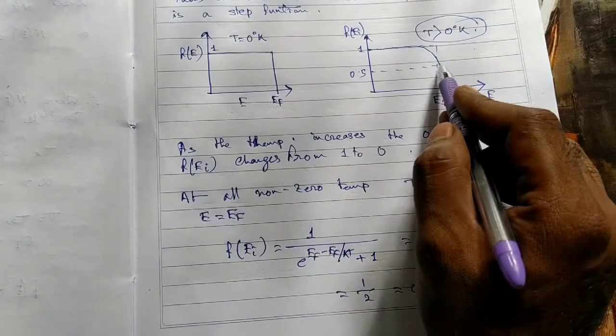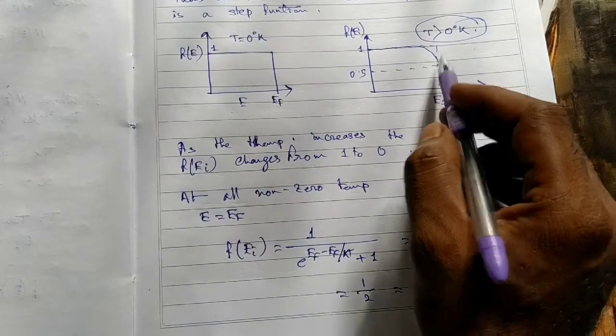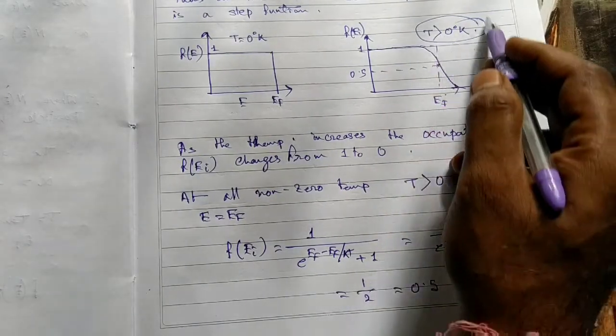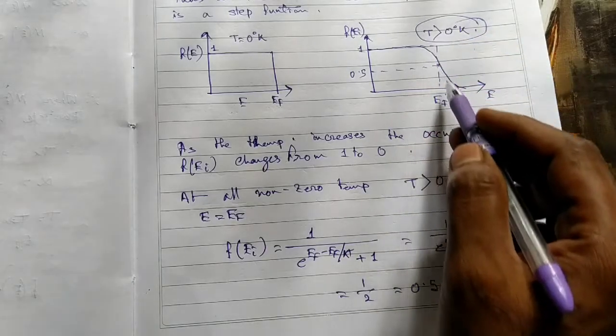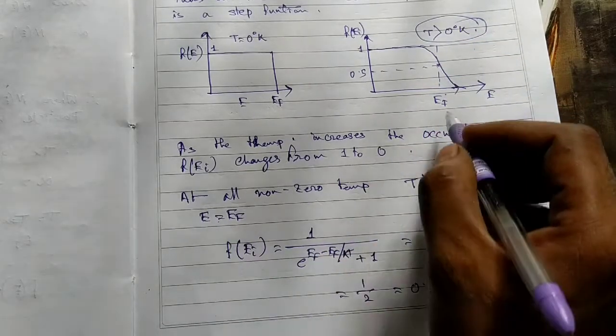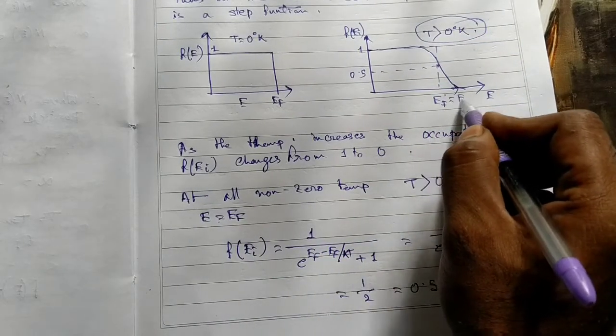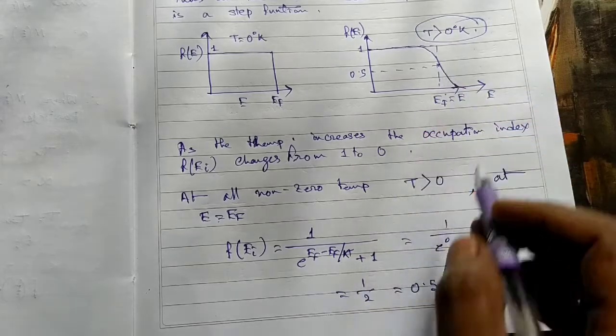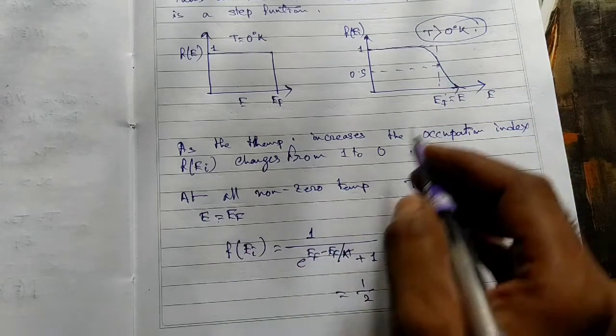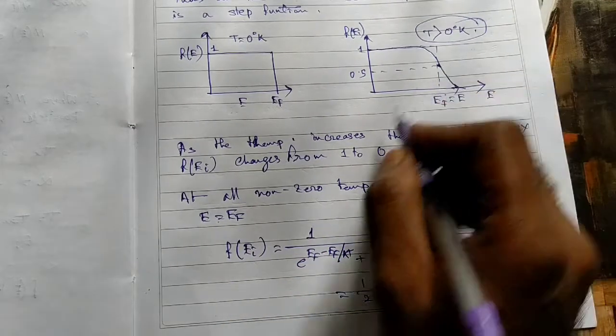So from this graph we can show that at any non-zero temperature, when the value of E becomes Ef, the distribution function represents half.